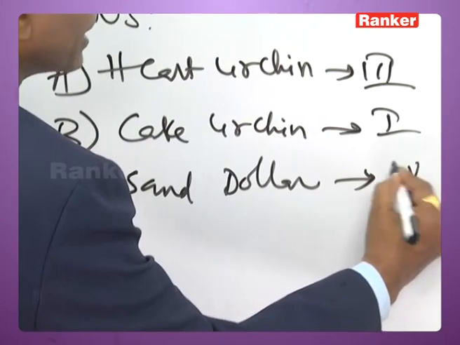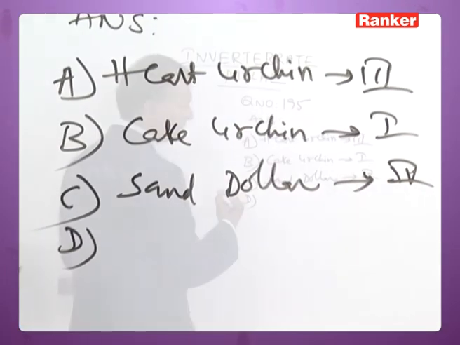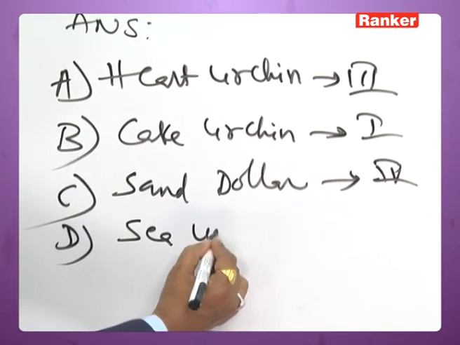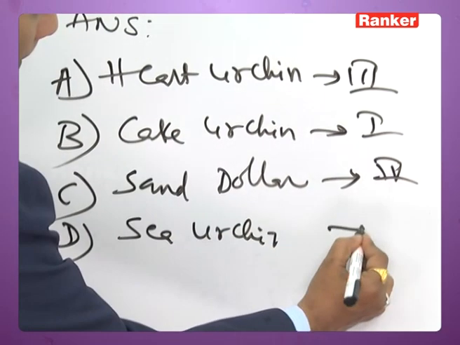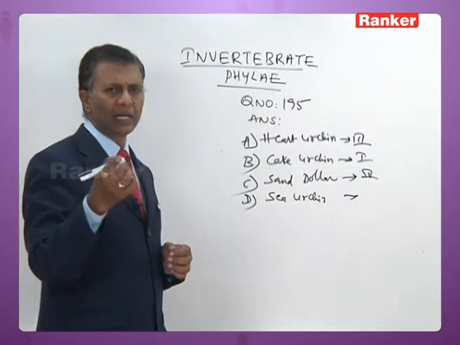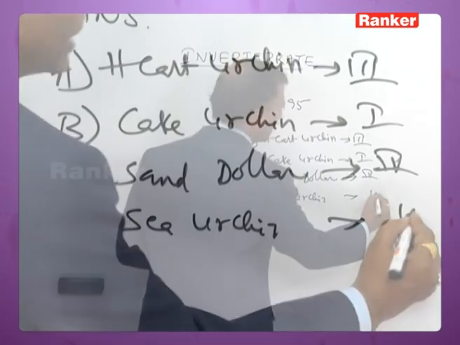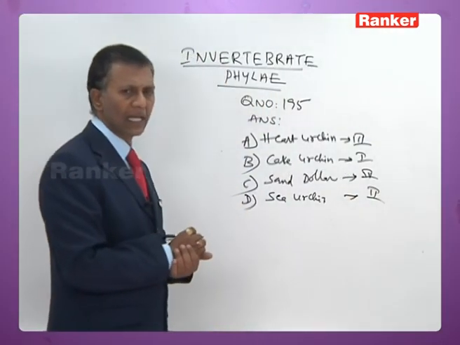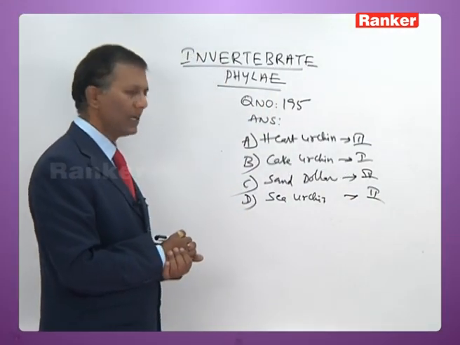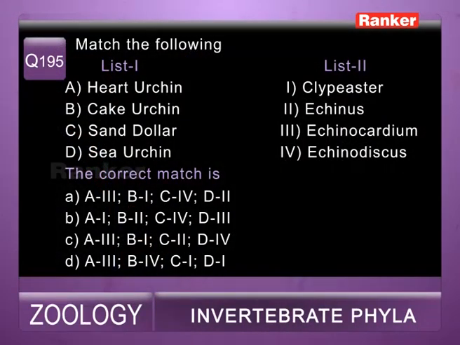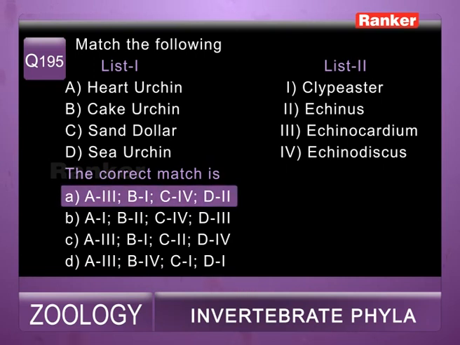So the fourth option is correct. Now D, sea urchin. Echinus is commonly called sea urchin. So the second option is correct. So the answer is A3, B1, C4 and D2. So in question 195, the correct answer is A.